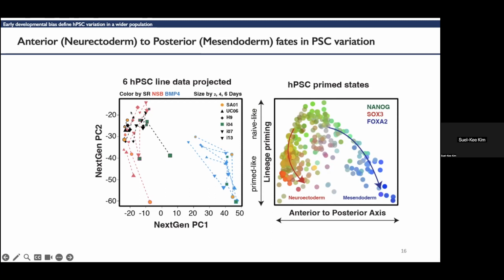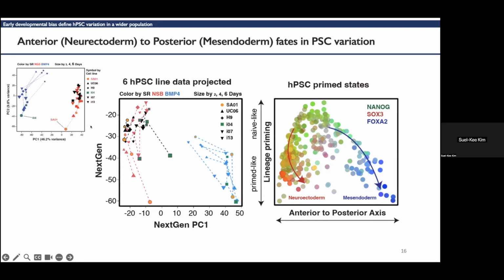And temporal progression of self-renewal towards neuroectoderm and mesendoderm was aligned with PC2. Here you can also see the remarkable similarity between the two PC spaces defined by the 6 cell line data and next-gen data.